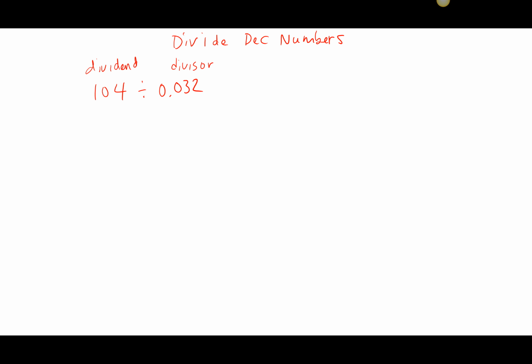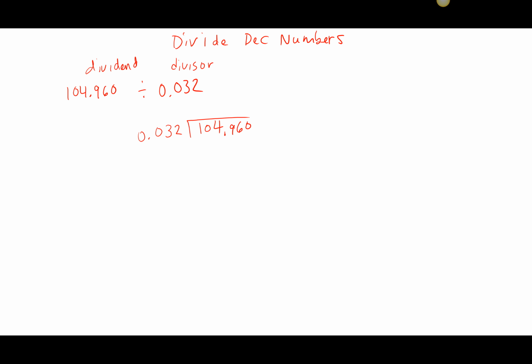So what we have to do is, let's set it up. 0.032 divided by 104. Okay? I think, yeah, I forgot part of the number here. Sorry. It's 104.960. Okay?